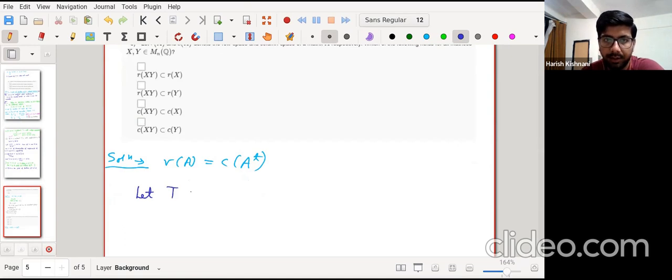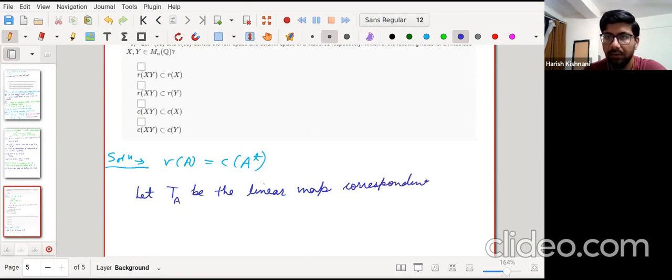Let T_A be the linear map corresponding to A. Then the column space of A transpose is the same as the range of this T_A.